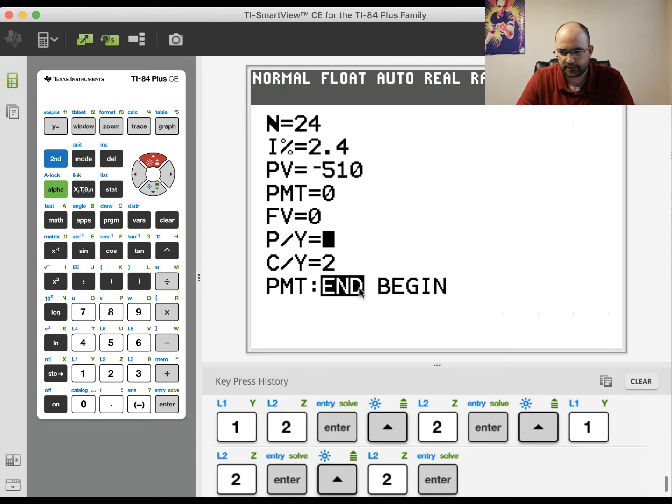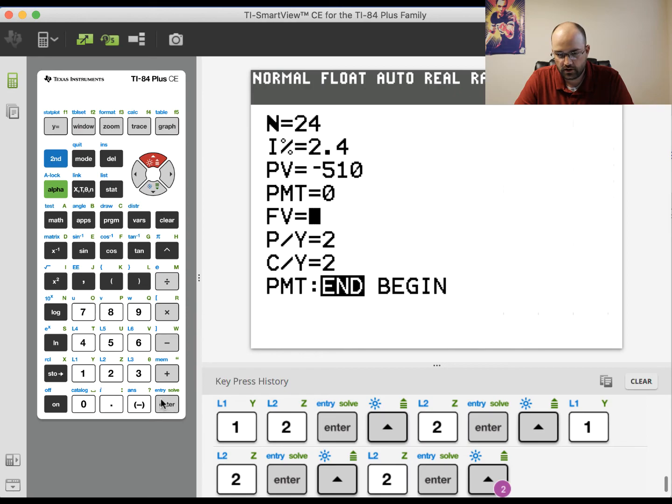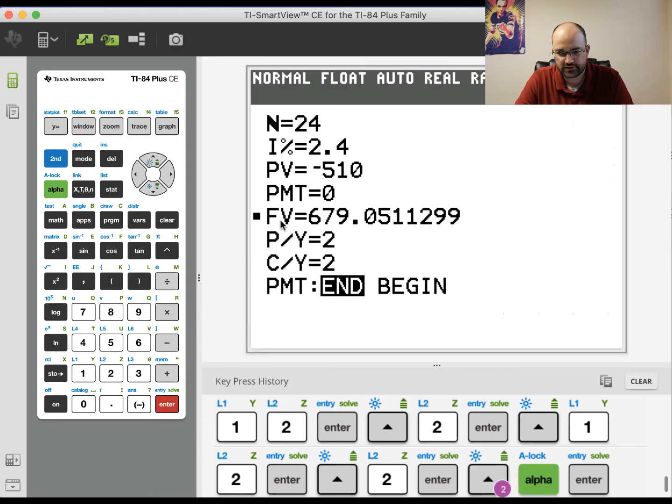Okay, now, I said that we want to figure out the future value, the maturity value, the compound amount, basically. To do that, notice that over here on entry, there's a button that says solve, except it's green. That means I need to do alpha enter while my cursor is over FV.